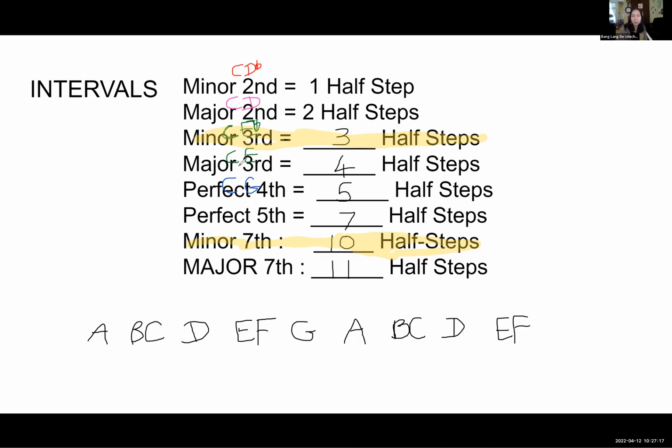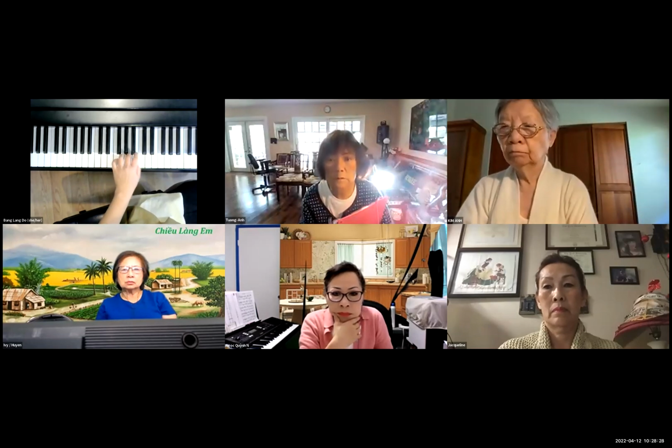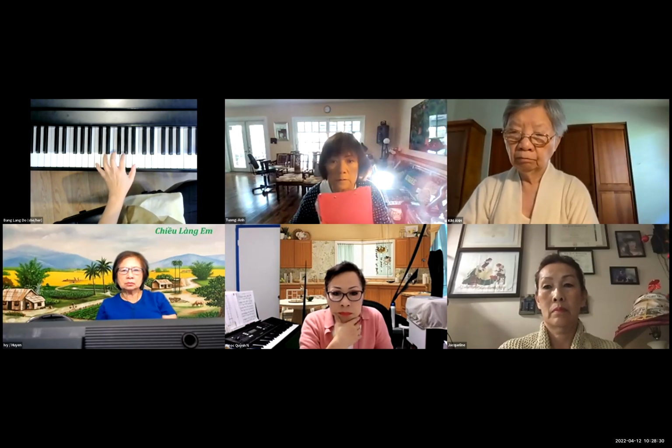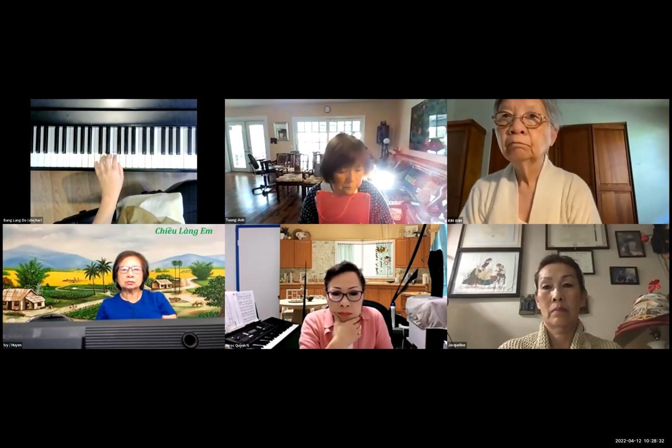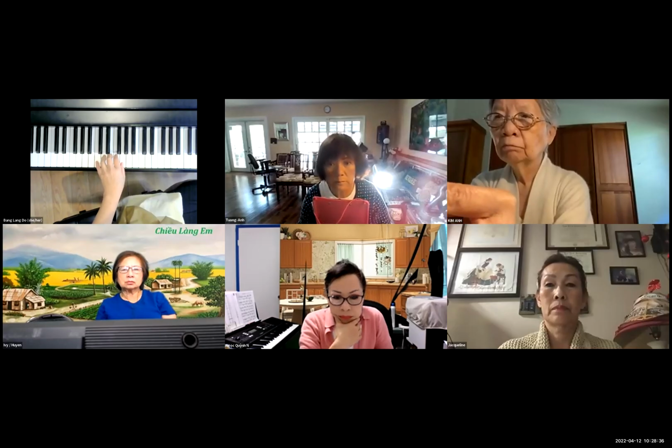So here is the demonstration. Oh, let me set up the webcam for a second. C scale is C, D, E, F, G, A, B, C. All white keys on the keyboard. So those intervals, whenever they fit your scale, they are either major or perfect.